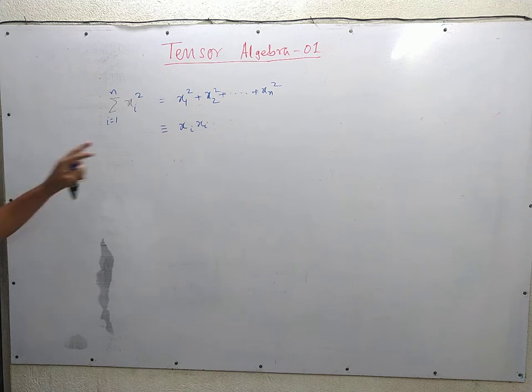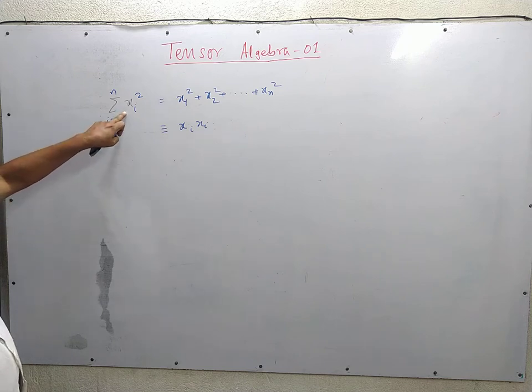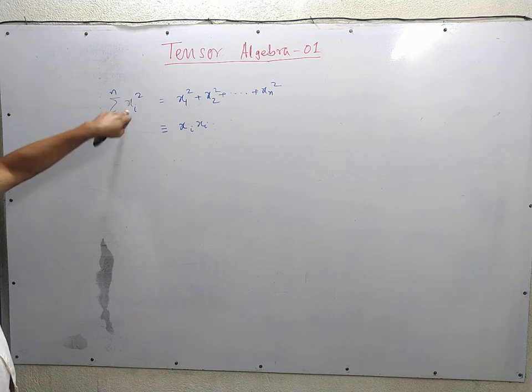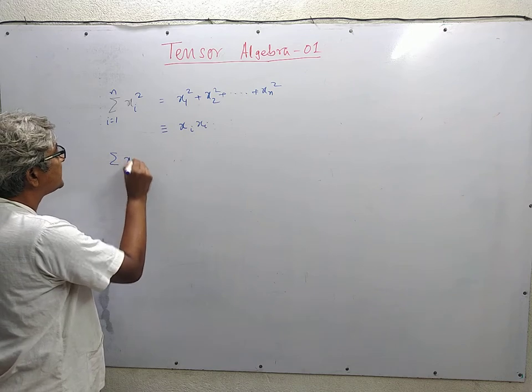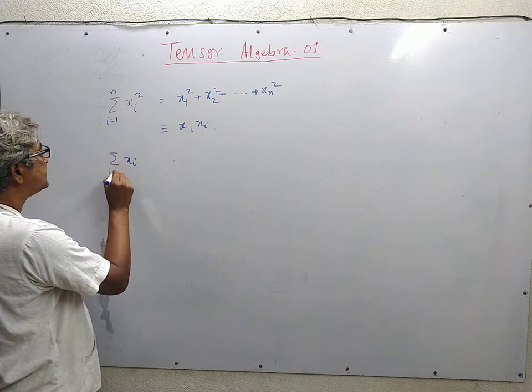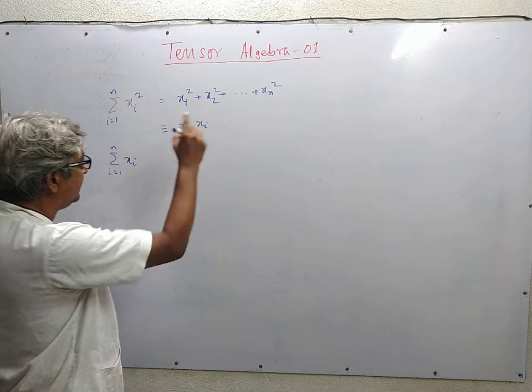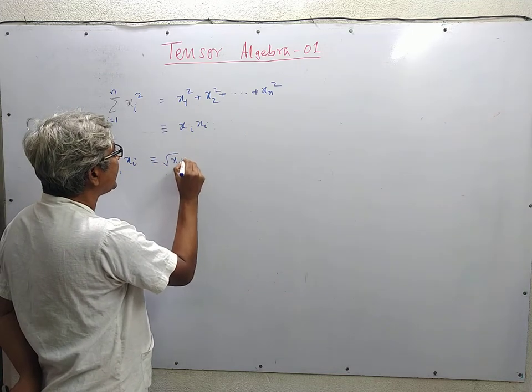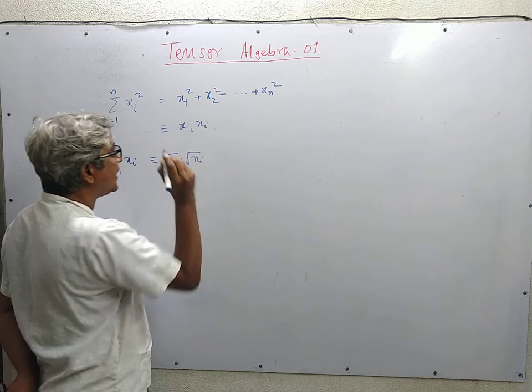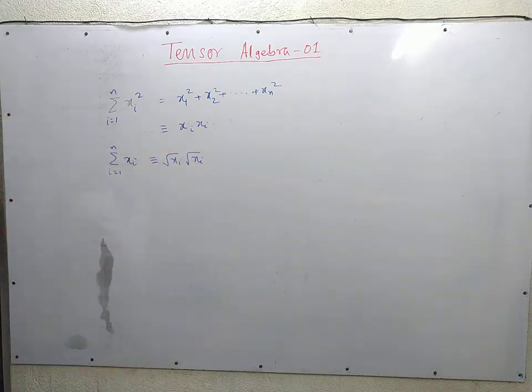And if we want to evaluate the square root of the summation of xi square, i equal to 1 to n, in Einstein's notation, then we must write it as the square root of xi xi. So the index i is repeated, so it is summed over.